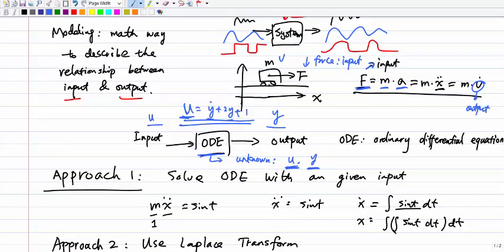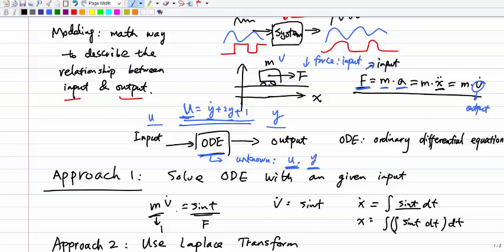For example, in this example, let's make a little change. Let's say this is my v dot. So m times v dot is equal to sine t. Let's say this is my F. F is given by sine t, and v is what I'm going to figure out. To make it simple, let's make m equal to 1. So the mass is 1. Now we have v dot is sine t.